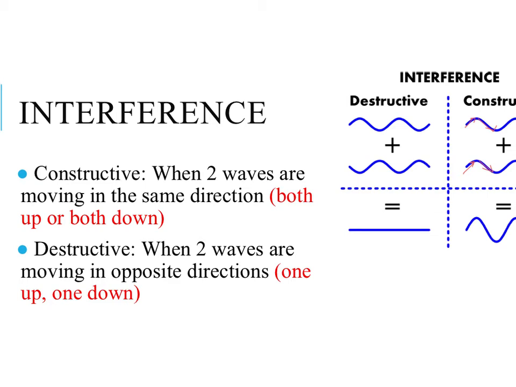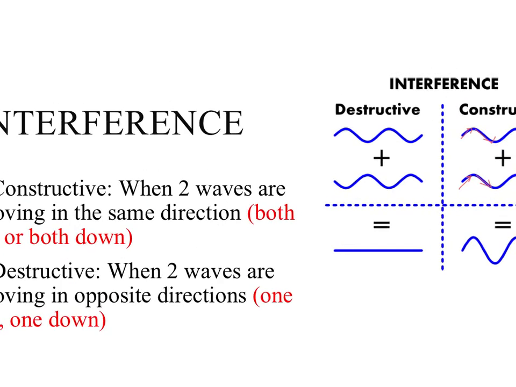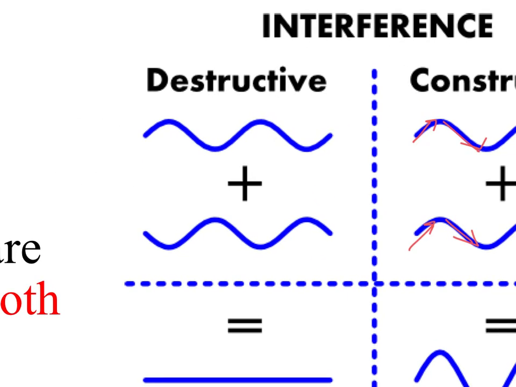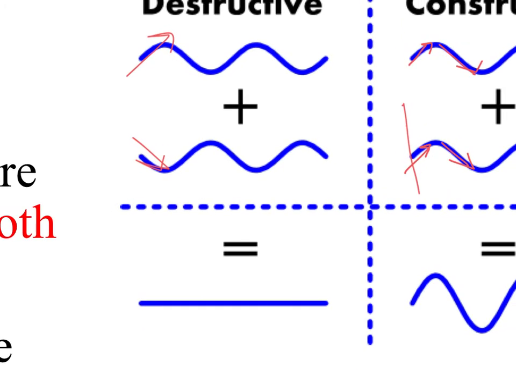We want to cut it down. We want to stop that sound. So when that happens, destructive, they're on the opposite patterns. One's going up and the other's going down. So they either will 100% cancel them out and come back to rest, or they'll just form a smaller amplitude.